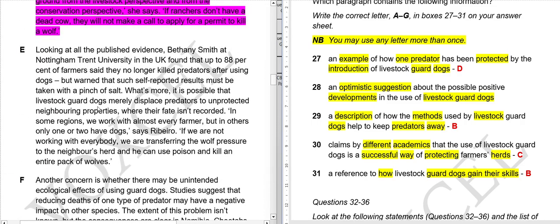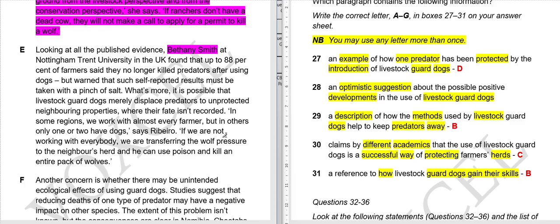Looking at all the published evidence, Bethany Smith at Nottingham Trent University in the UK, so that is the name of the person, found that up to 88% of farmers said they no longer killed predators after using dogs, but warned that such self-reported results must be taken with a pinch of salt.